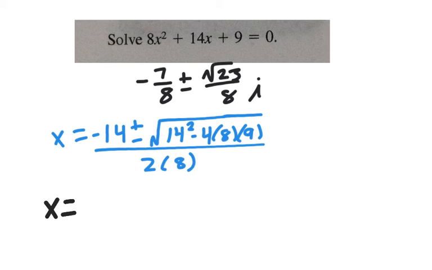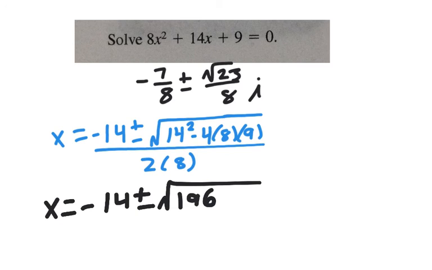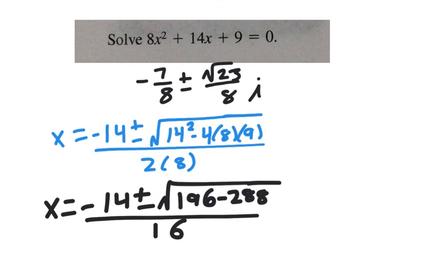So that's x equals negative 14 plus or minus the square root of 14 squared, which is 196. 9 and 8 is 72. 72 times 4 is 288. Is that right? Double check. Okay, over 16.